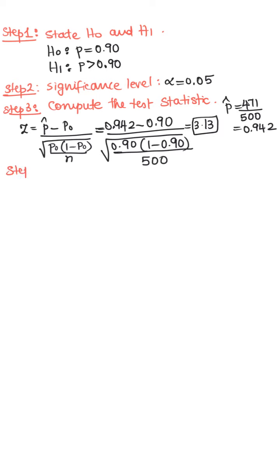Now compute the p-value. The alternate hypothesis is P greater than 0.90. That means it is a right tail.